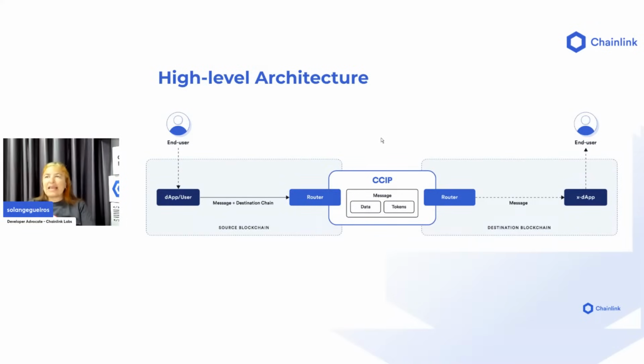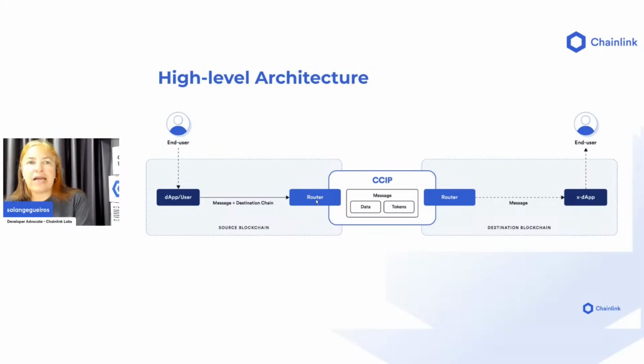So this is the high-level architecture of CCIP. This is you, the end user. You can interact with a decentralized application, which is a smart contract. Here you can send a message or a token, defining the destination chain. So in my smart contract, I tell it I'd like to send this message to this destination blockchain.